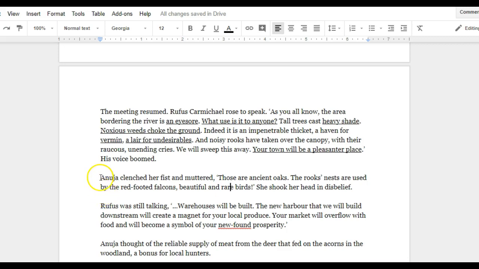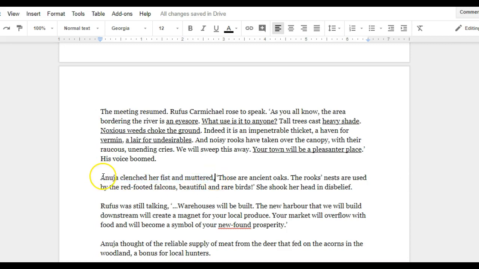So we've got this contrast. Look how we've got a paragraph here about Rufus Carmichael and how much he says. Look at how much he says and all of those reasons. And he's talking to the whole crowd. His voice boomed. Whereas Anuja, I think she's just speaking maybe to herself and grumpy at the back, like maybe I would be.